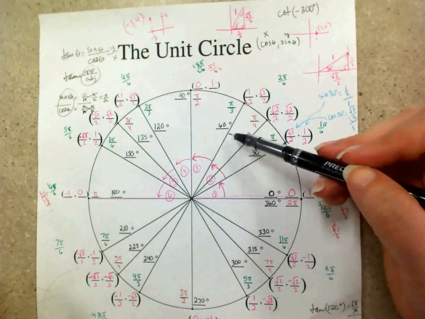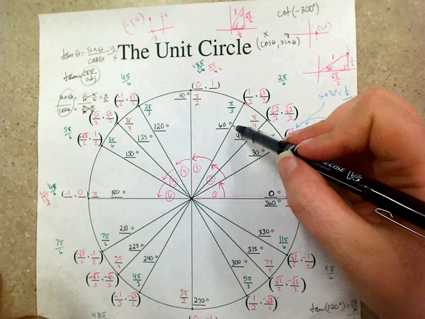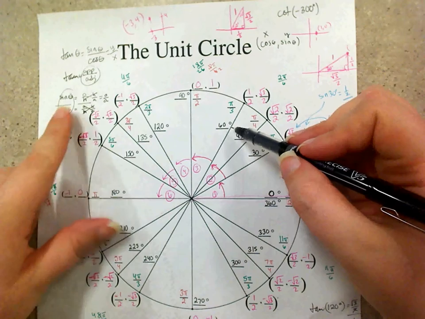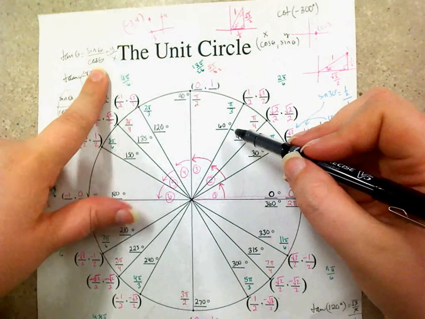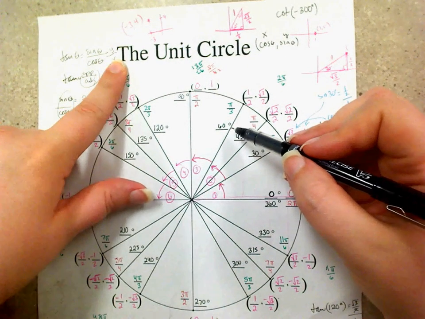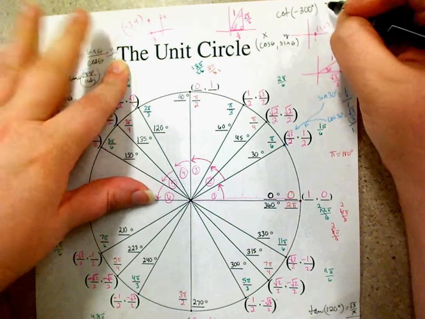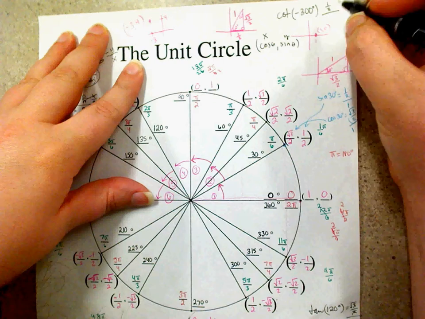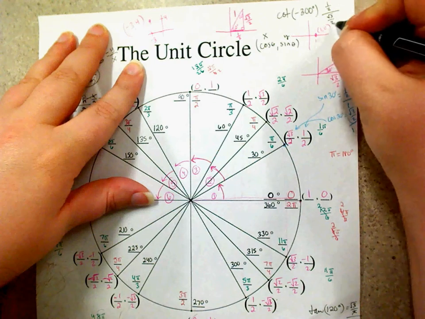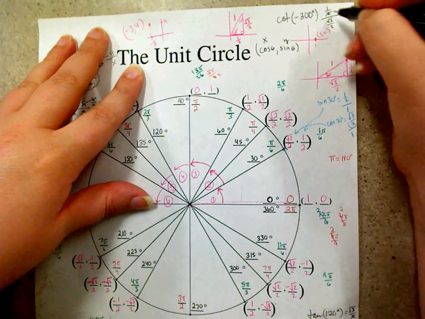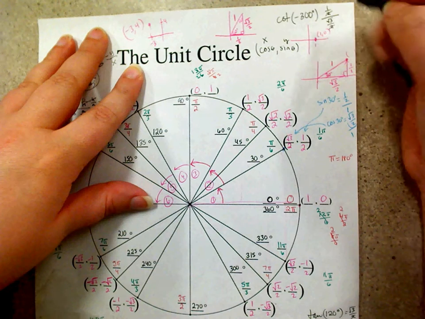Okay? If tangent is sine over cosine, which is y over x, then that means cotangent is x over y. So it's the x value, 1/2, divided by the y value, square root of 3 over 2. The 2's will cancel out. 1 over the square root of 3 is square root of 3 over 3.